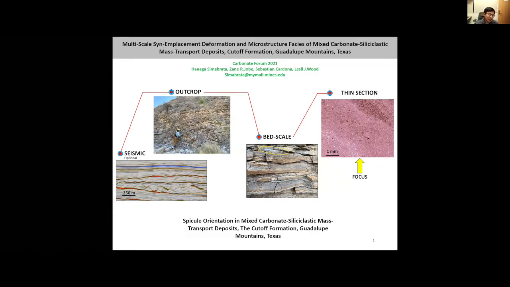So the big title is actually not that accurate, so please refer to the title below, right here. Please follow my cursor too. In this talk, I'll demonstrate how spicule grains are oriented in such a way, and we will also discuss the potential implications of this.